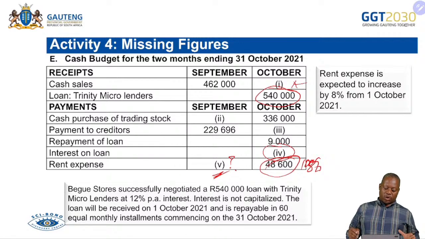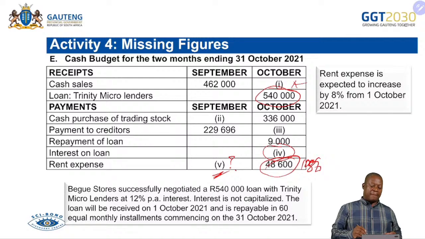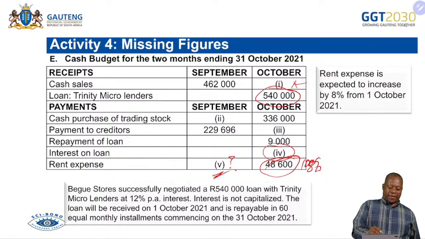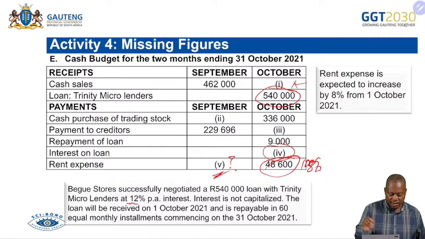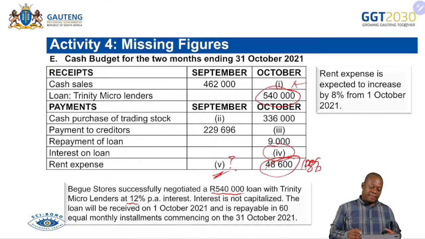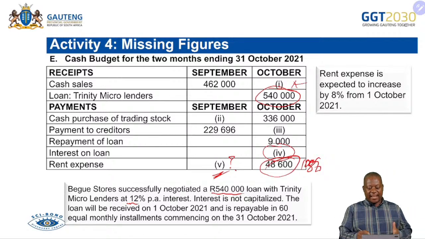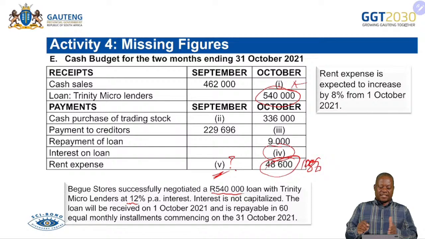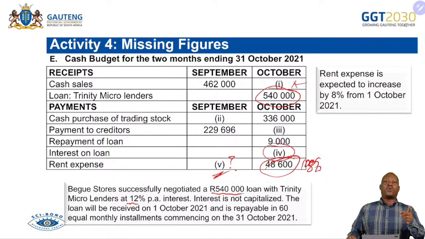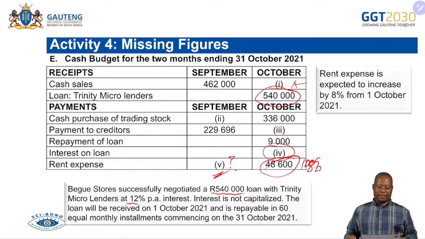This one, I'm not going to do it for you. I'm going to give you 2 minutes to go through it. But please remember, how do we find interest on loan? They've given you the rate. Can you see that? And they've given you the amount of the loan. Can you see that? And please take note, they are saying it is the interest for October because the loan was received in October and interest is payable in that month to start with.